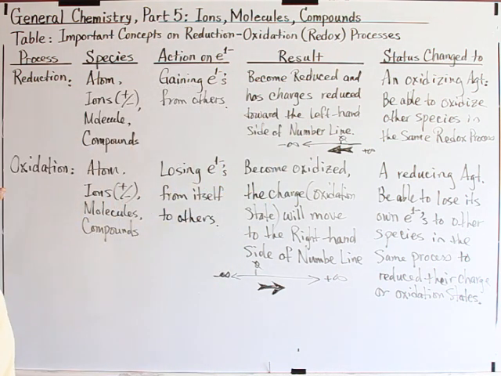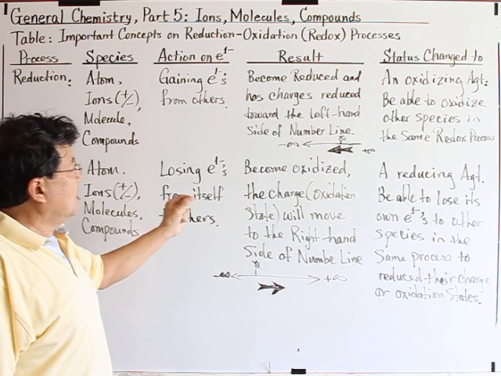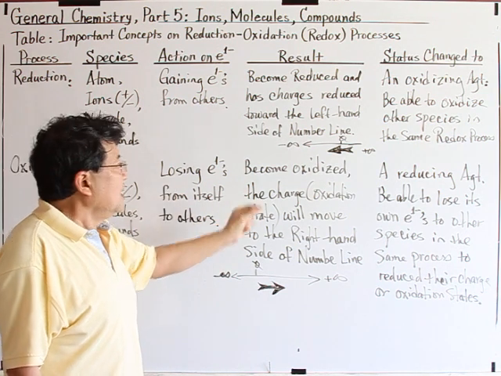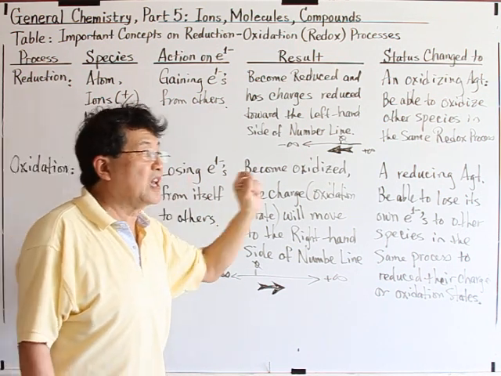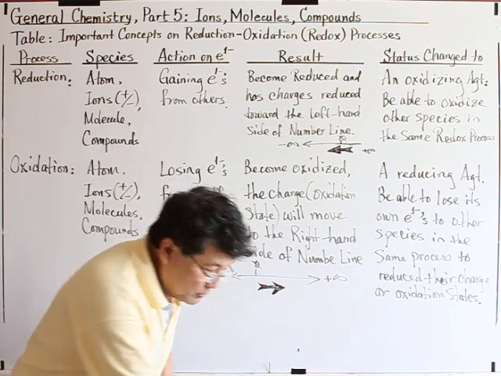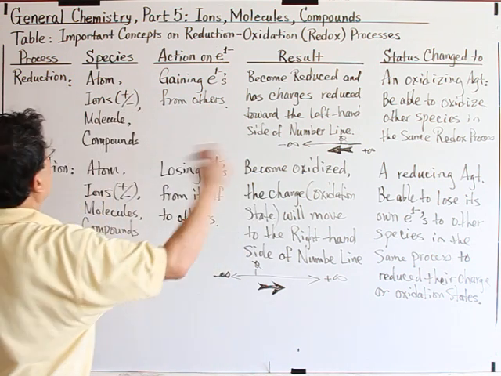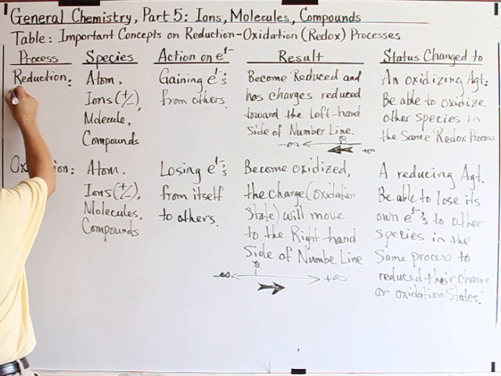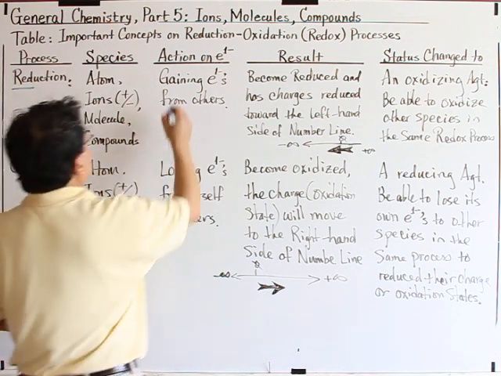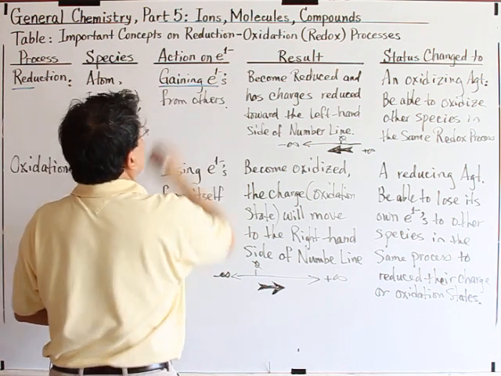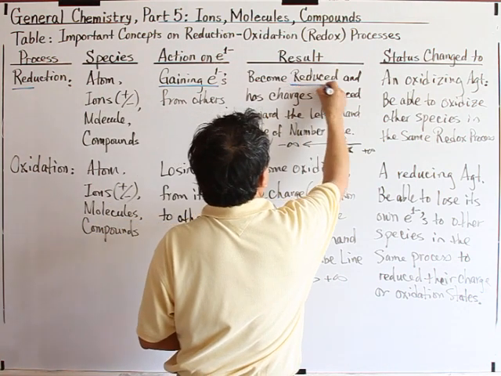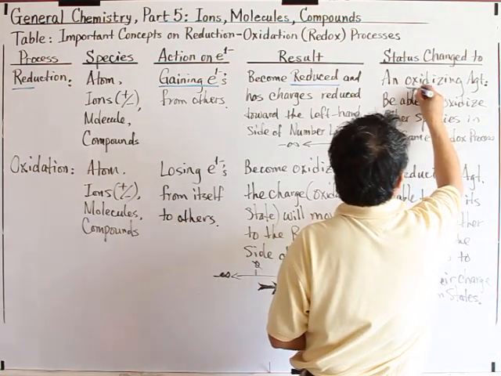Whoever on the other side goes through the oxidation process will lose electrons and get oxidized, but becomes a reducing agent. So here we are able to say this. We can highlight it. A reduction, right? And the gaining electron, becomes reduced and becomes an oxidizing agent.